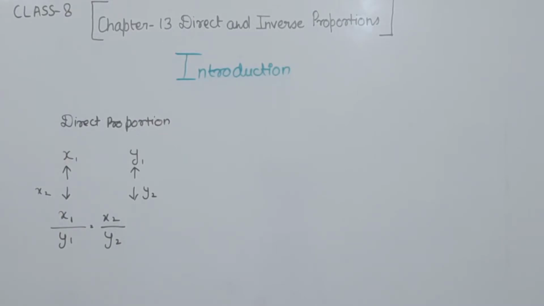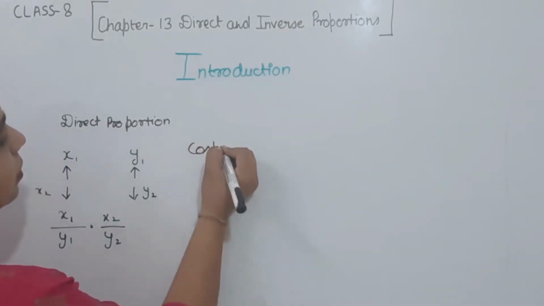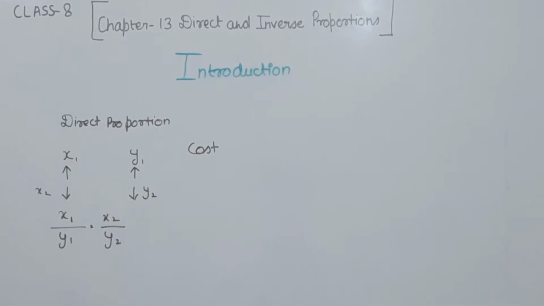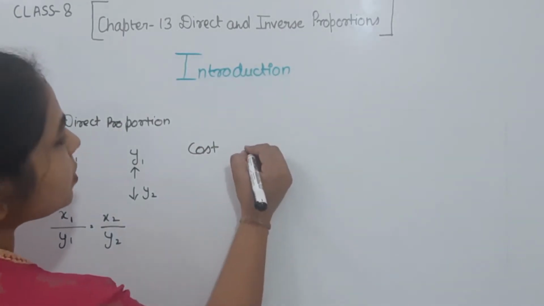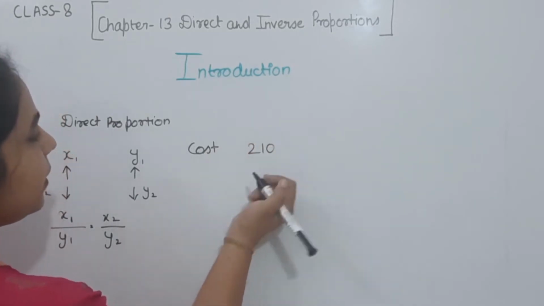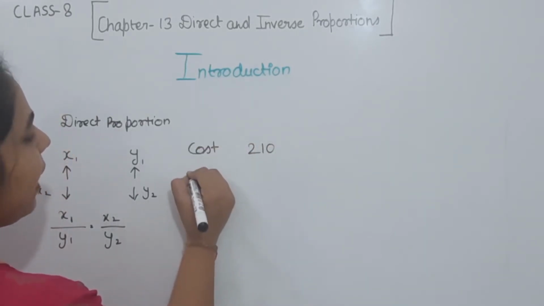Now let's take an example. We have the cost of 5 meter cloth.